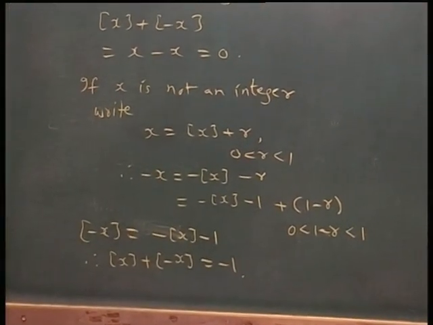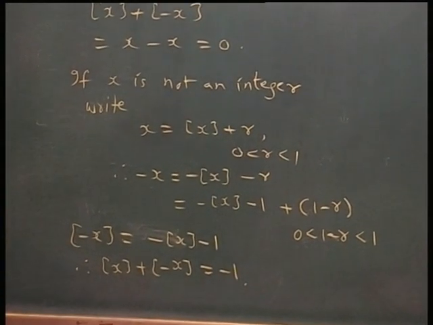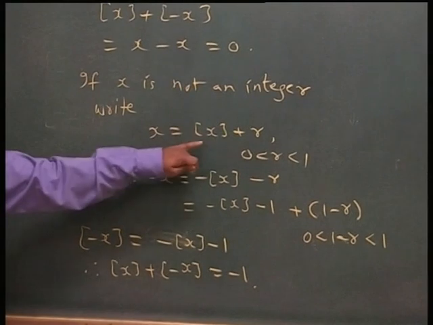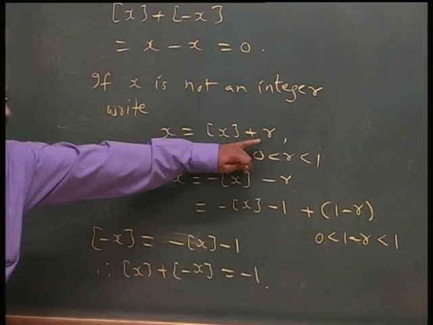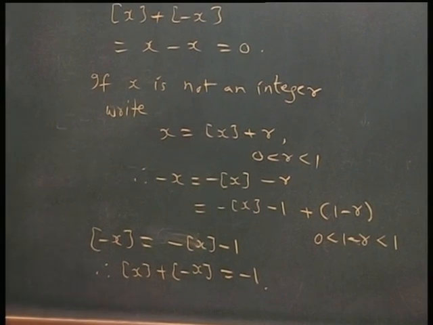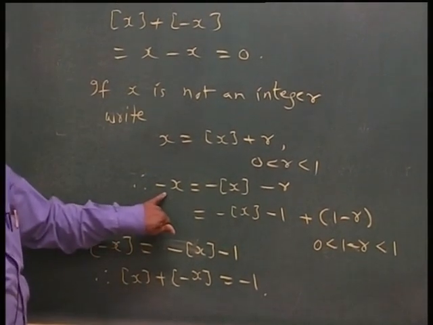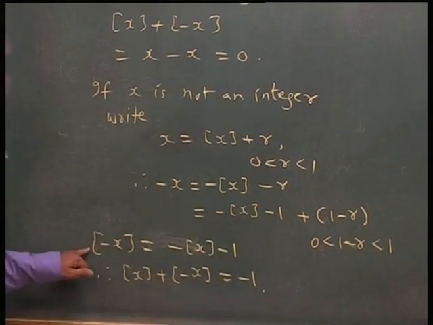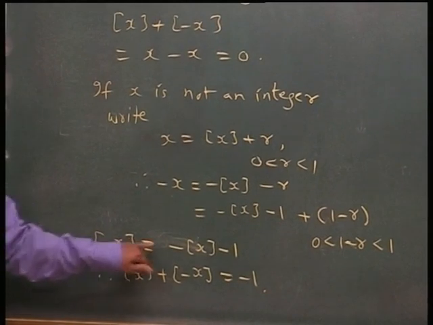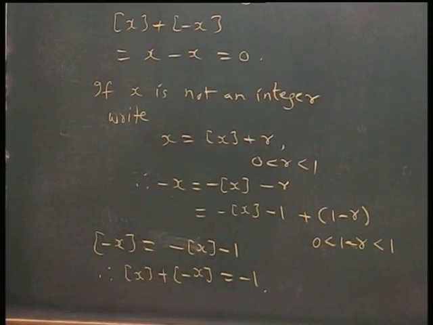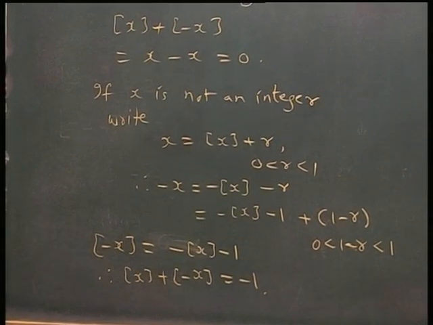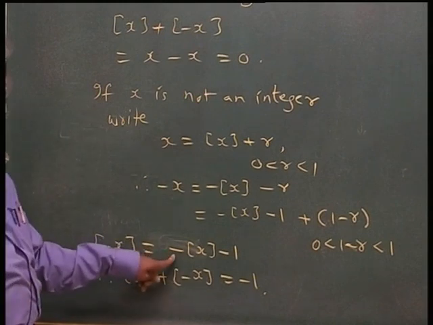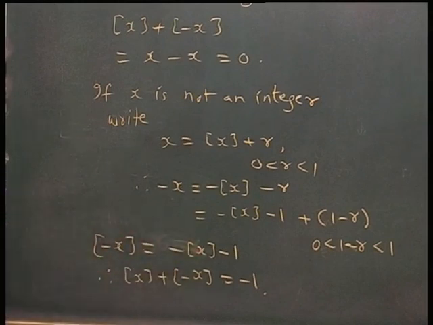That proves this property. So what we have done is we have written x in this standard form, integral part plus this r. R is many times called fractional part. Now just write down minus x in this form. From that you get the integral part of minus x, and then you get this result. So integral part of minus x is not just minus of integral part of x. That is what is made clear by this.